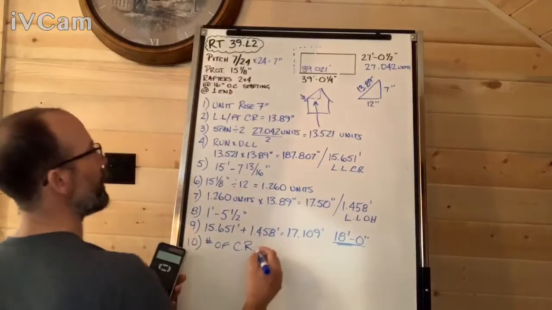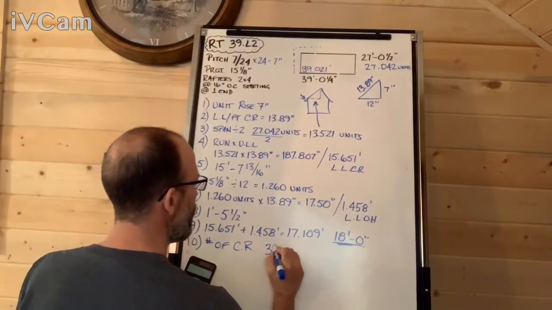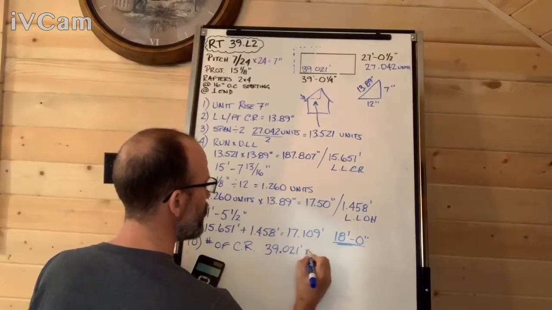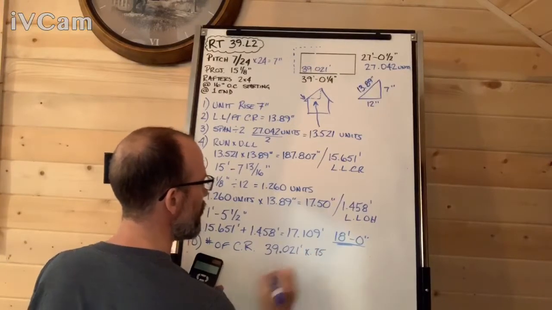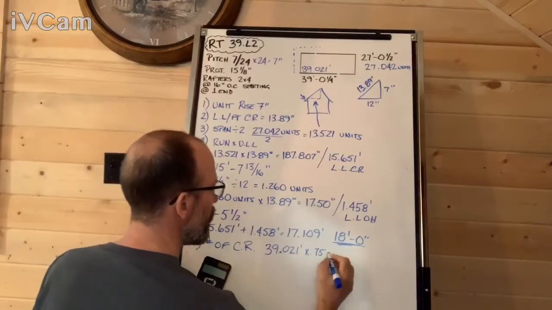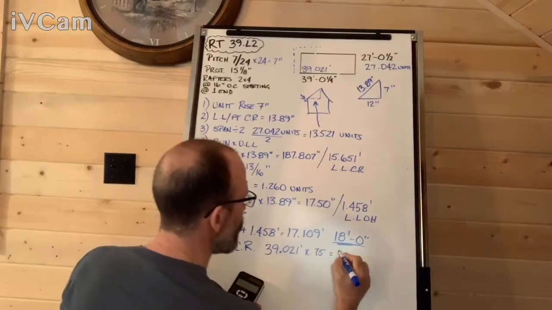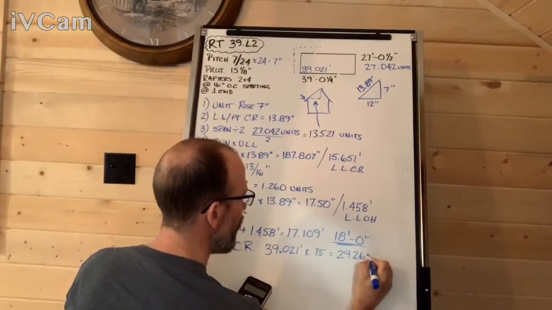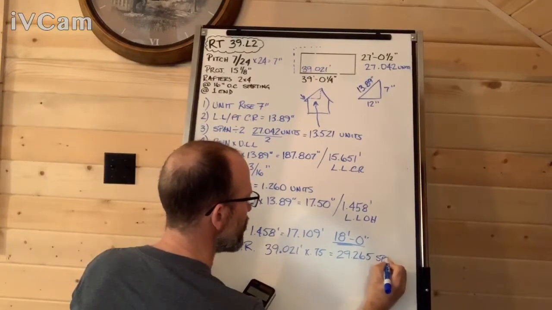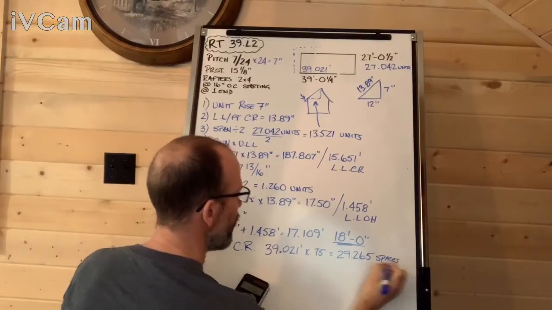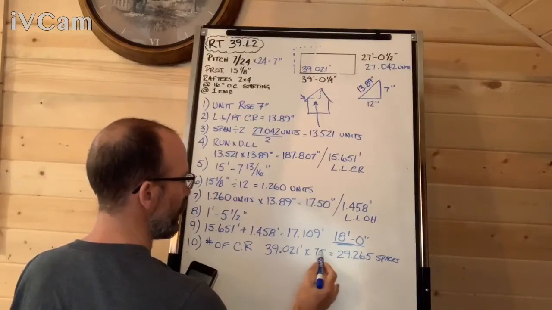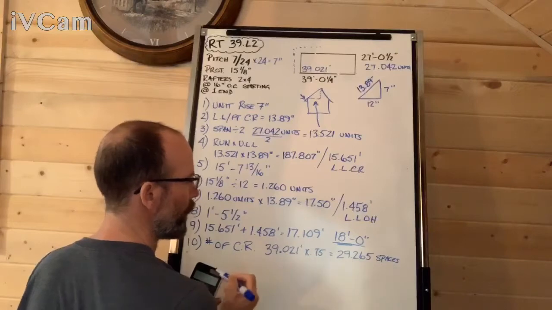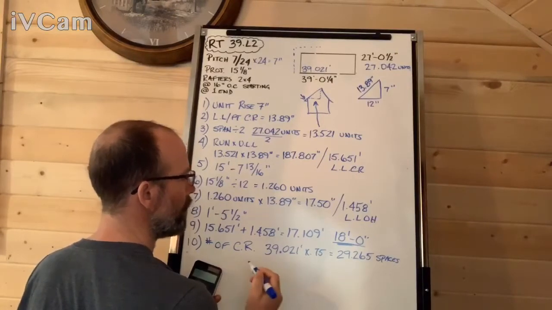So I'll just break it down here. 39.021 feet times 0.75 equals 29.265, and that is spaces, because what I did here is took my feet times 12 divided by 16 inch spaces, which gave me 29.265 spaces.